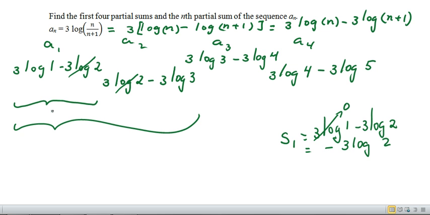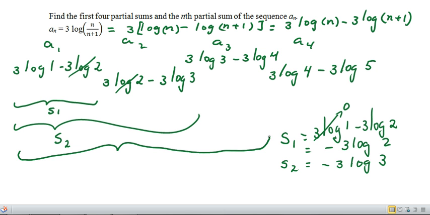And so for S sub 2, we're going to have minus 3 common log of 3. For S sub 3, we'll be adding 3 log of 3 minus 3 log of 4, and the 3 log 3's will neutralize each other.